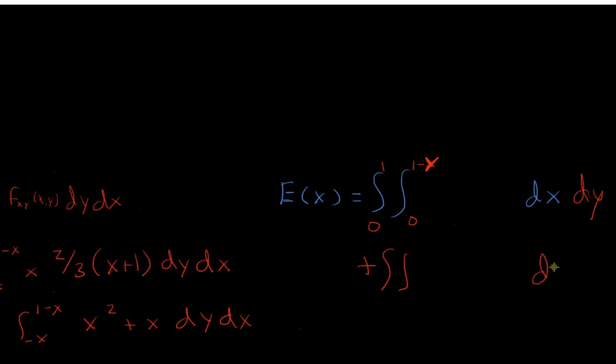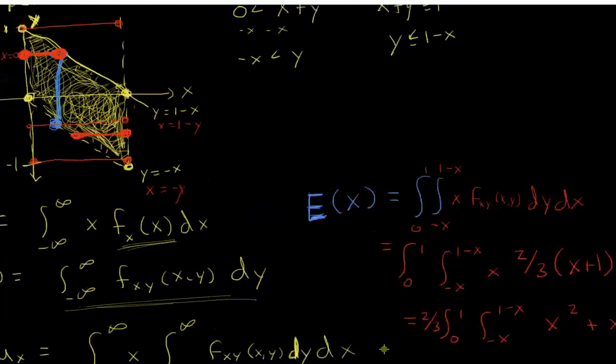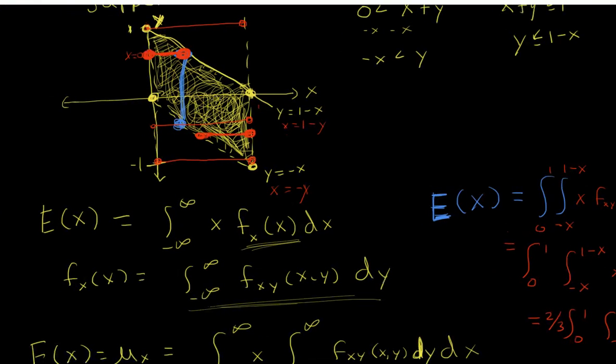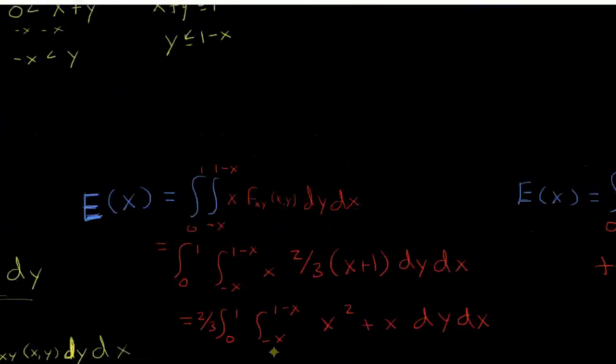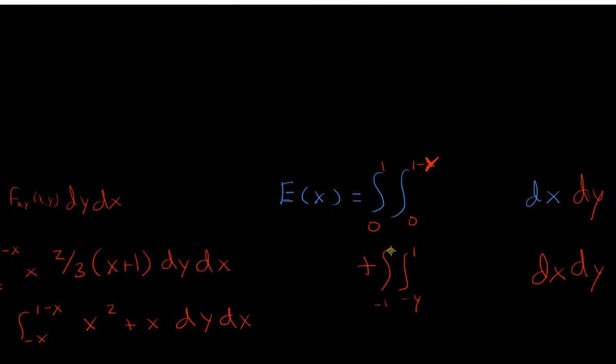And then for my dy, for that second piece down there, y would be integrating from -1 to 0.